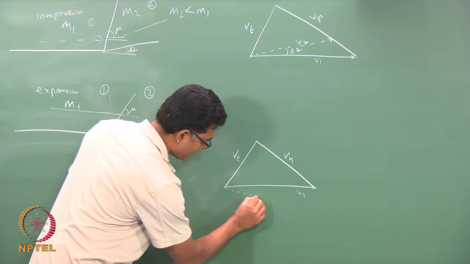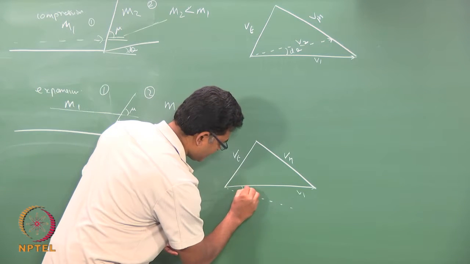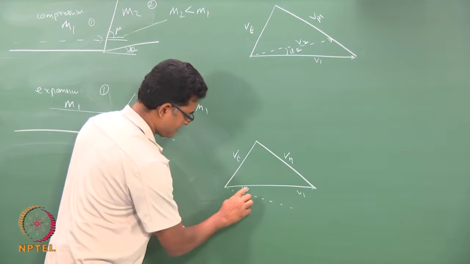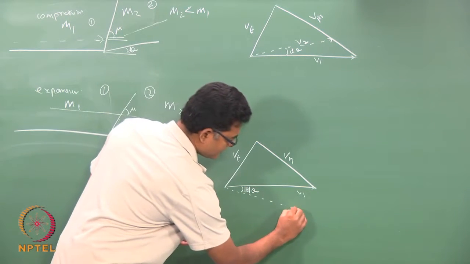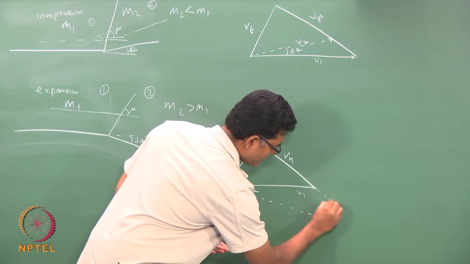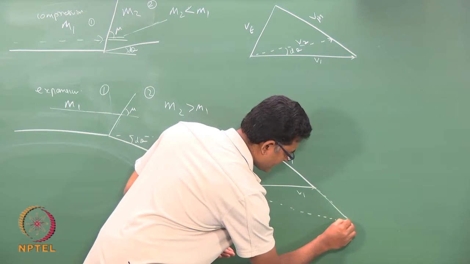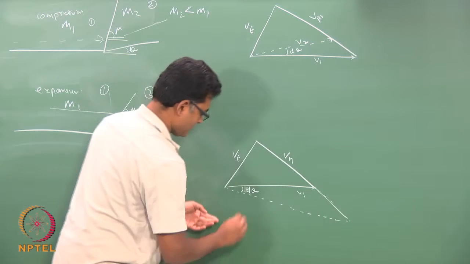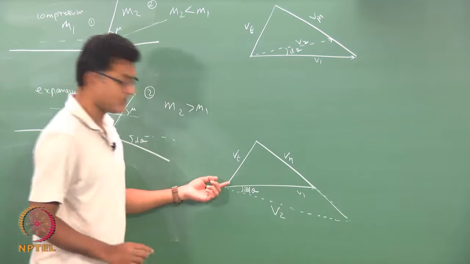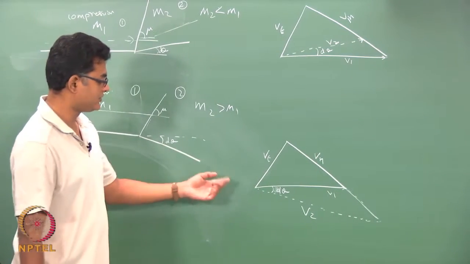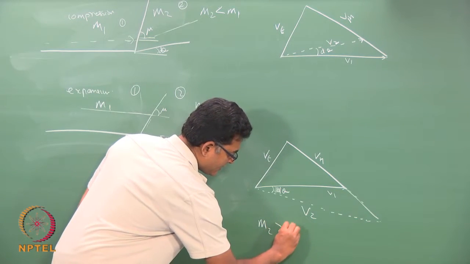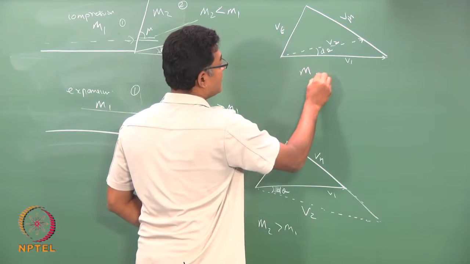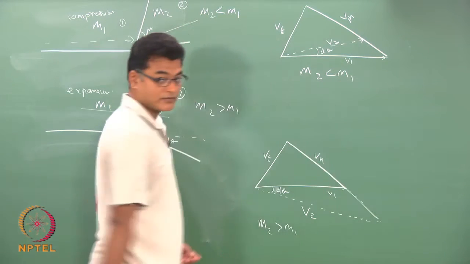So, I have a small d theta, so this velocity V2 is larger than V1, okay. Hence, you are going to have an M2 greater than M1, here M2 less than M1, okay.